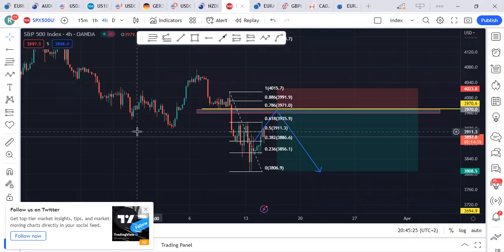S&P 500 is one of the setups that I called out last year in November in terms of the direction where we're looking at markets going towards the downside.